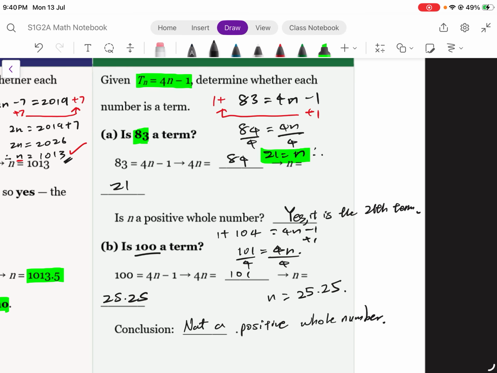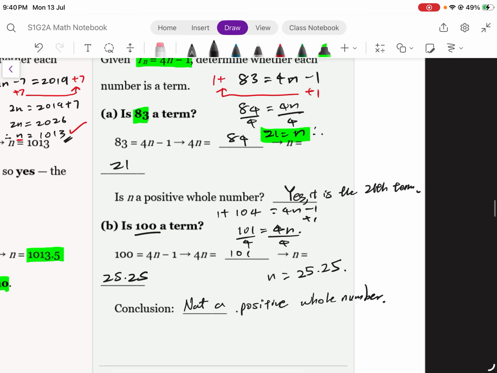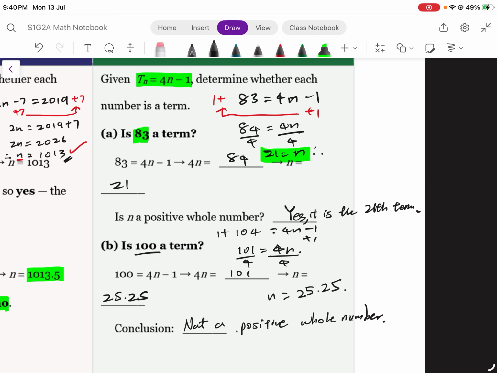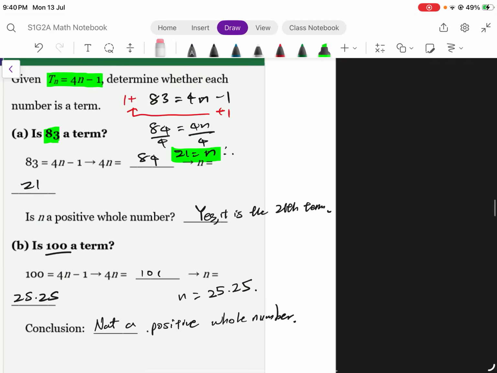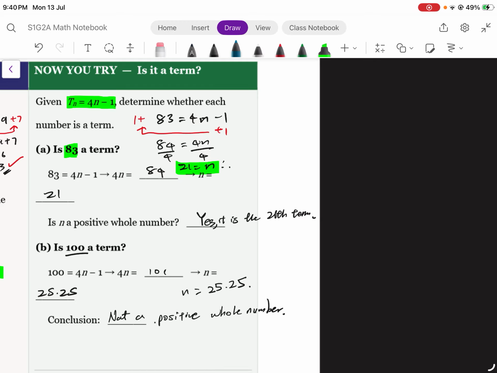Okay, is 100 a term? Let me do it clearer here, I think here is too messy. So you equate: 4n - 1 = 100, plus 1, plus 1. 4n = 101.